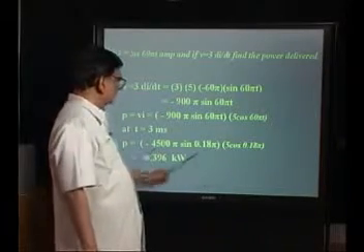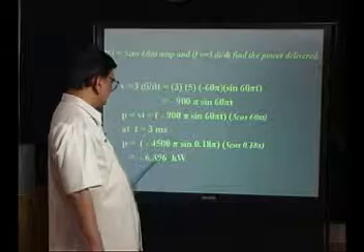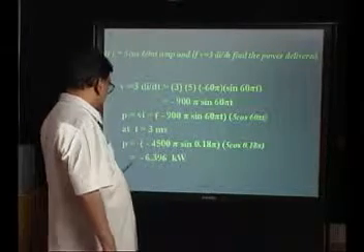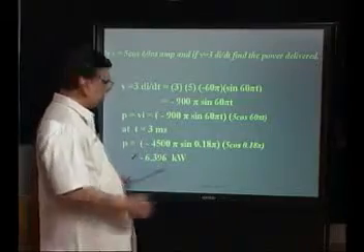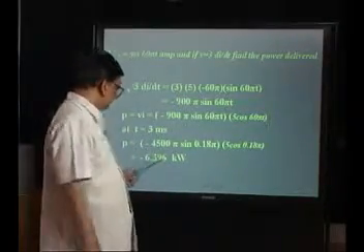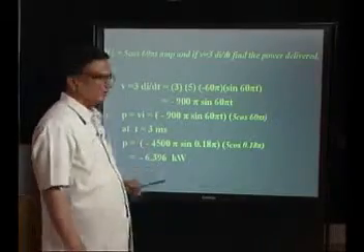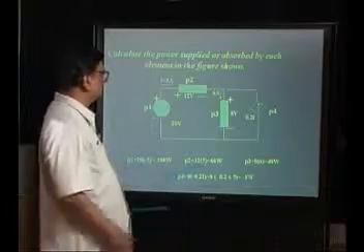So, we get this value which is equal to minus 6.396. So, what is the meaning of this minus sign? That means power is delivered by a device which is equal to 6.396 kilowatts.